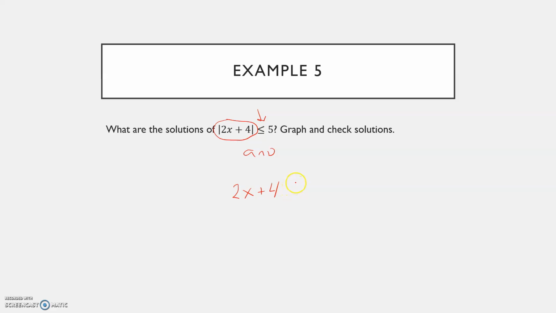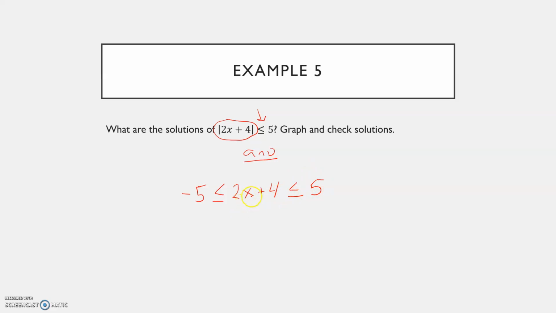It's going to be less than or equal to 5, that's the positive solution, but it's also going to be greater than or equal to the negative solution, negative 5. So there's our compound inequality, because it was less than, it's an "and," and we can write our variable and all that goes with it inside the absolute value in the middle, since it falls between negative 5 and positive 5.